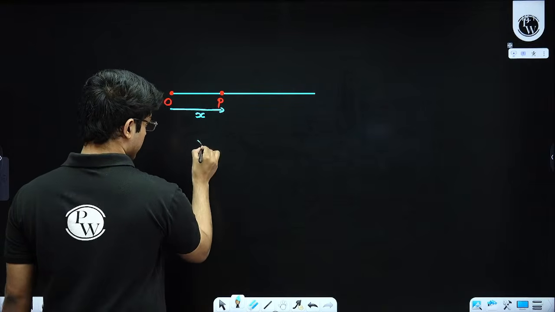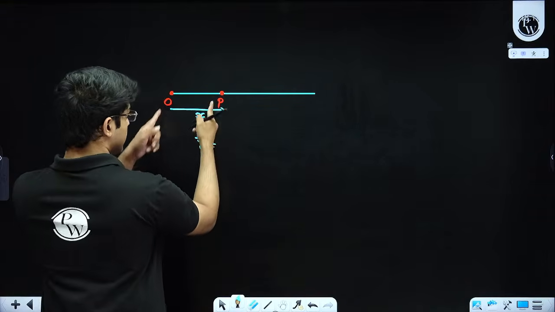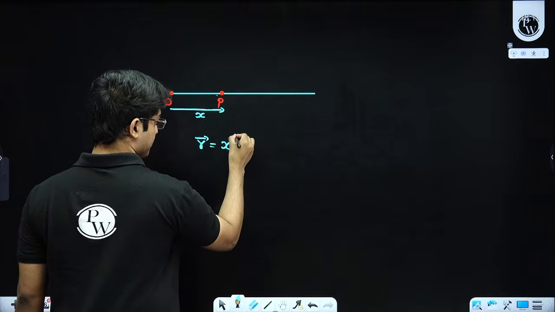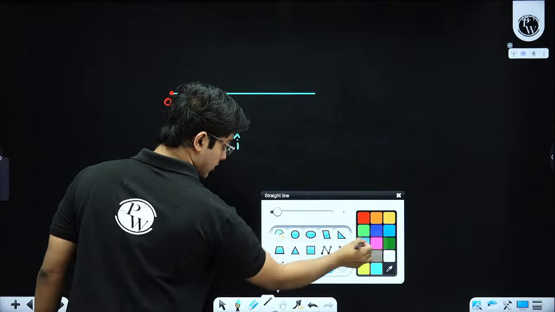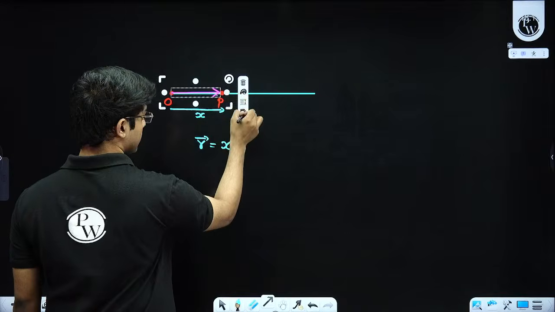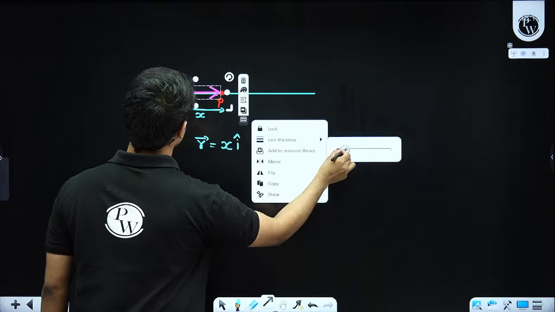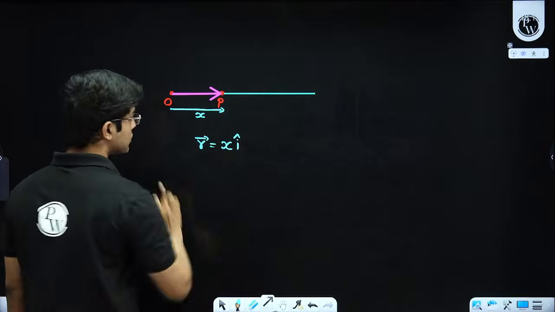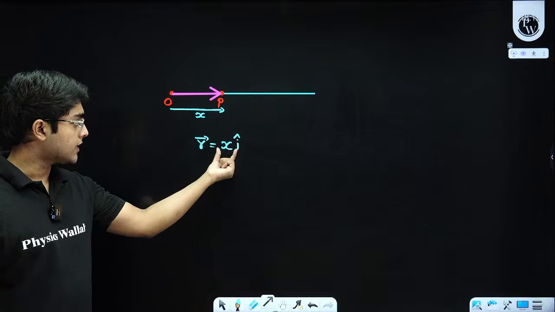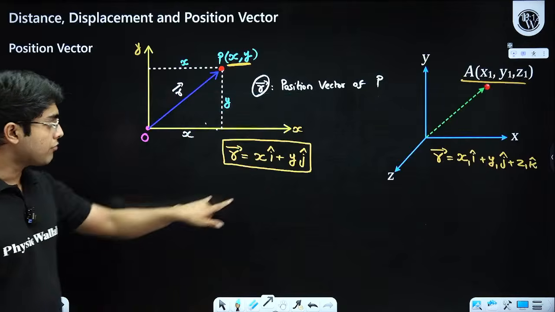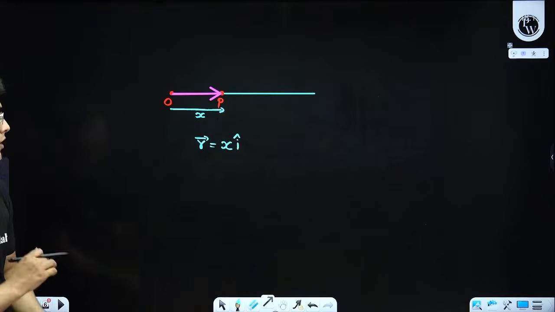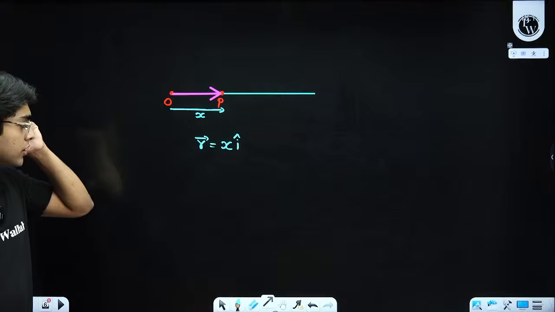It is at a distance of x in the i cap direction, so it will be x i cap, and this purple vector is the position vector. In one dimension, it will only have one component, x i cap. In 2D, it will have two components, x and y, and in 3D it will have three components. So that is the position vector.